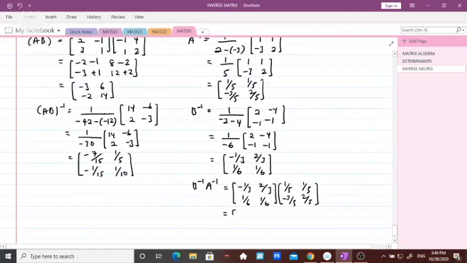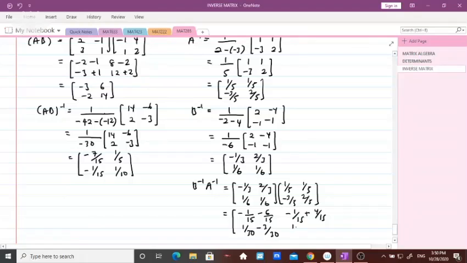Okay, then we multiply. Negative 1 over 3 times 1 over 5, so negative 1 over 15. Then negative 2 times 3, 6 over 15. Then negative 1 over 15 plus 4 over 15. Then 1 over 6 times 1 over 5, 1 over 30 minus 3 over 30.